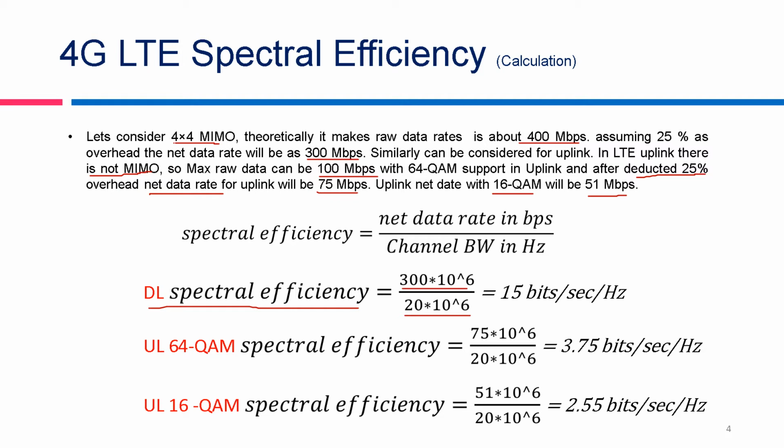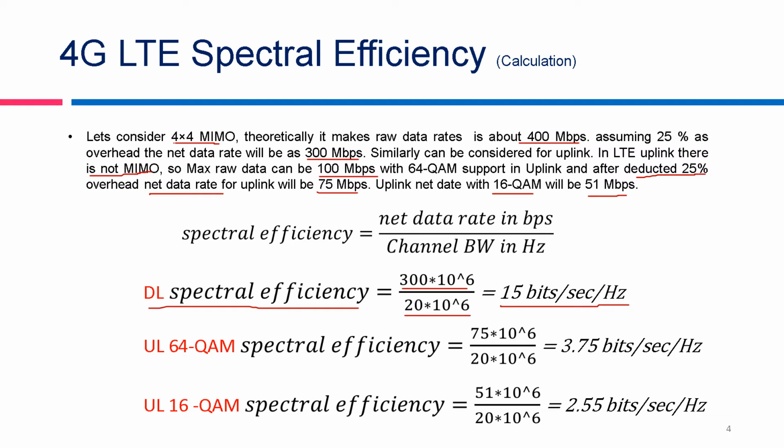So using this we can get a result of 15 bits per second per hertz. So in downlink with LTE we can get 15 bits every second with every hertz of channel bandwidth.